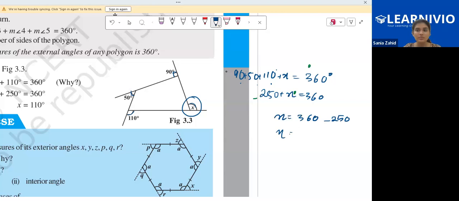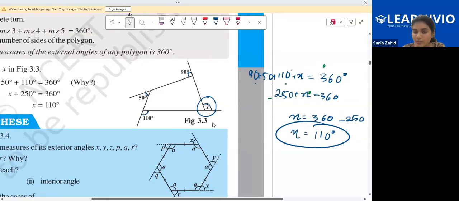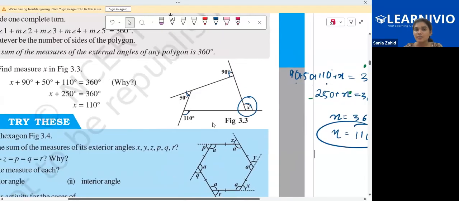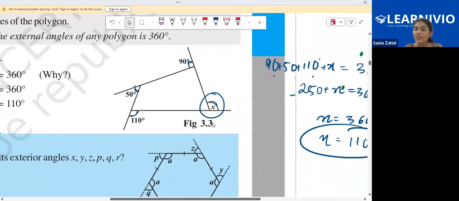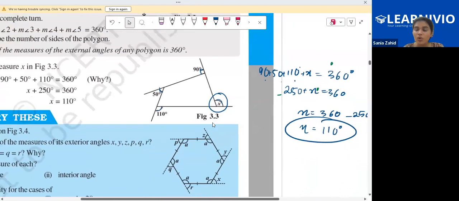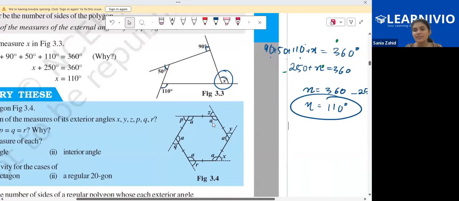So x is equal to 110 degree. Understood? So whenever out of 4 angles, 3 angles will be given to you. Not just 3 angles, you can have 5 angles also, because it's a polygon. A polygon can be of any size. So the exterior angles' sum will be 360.